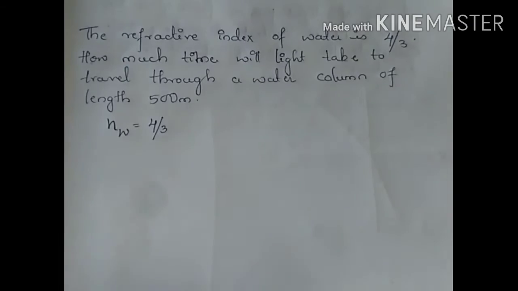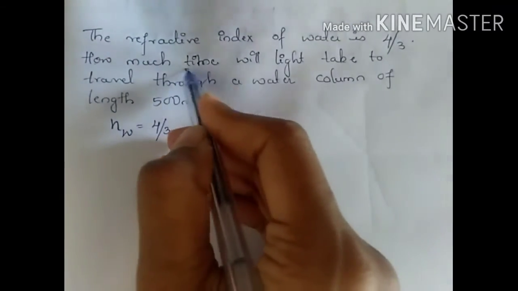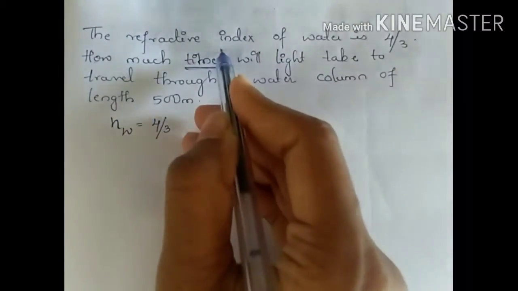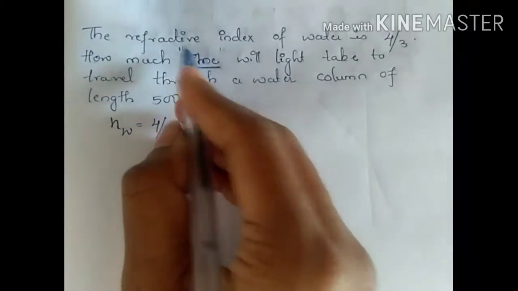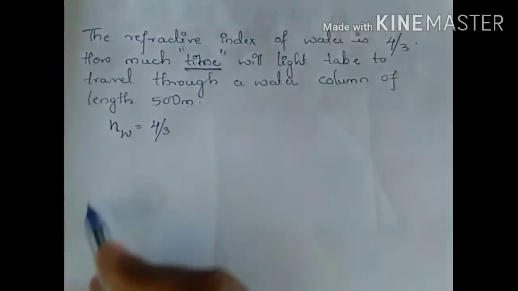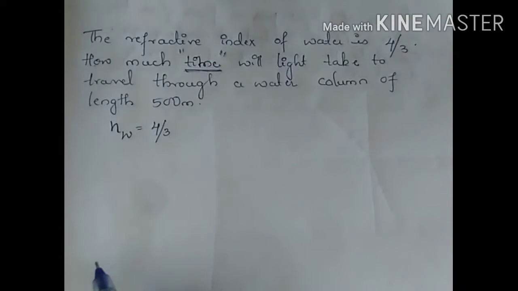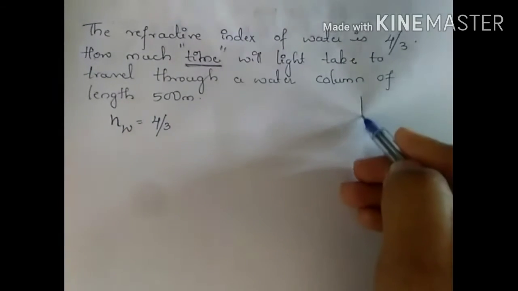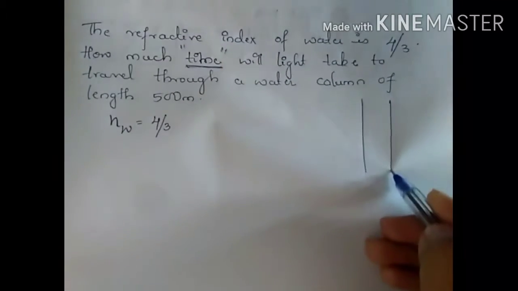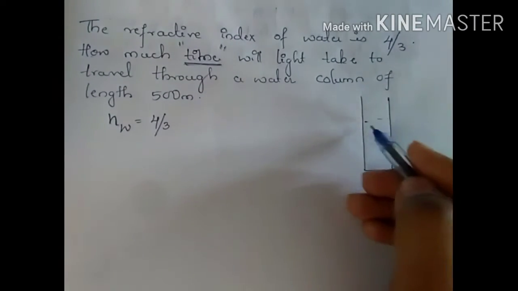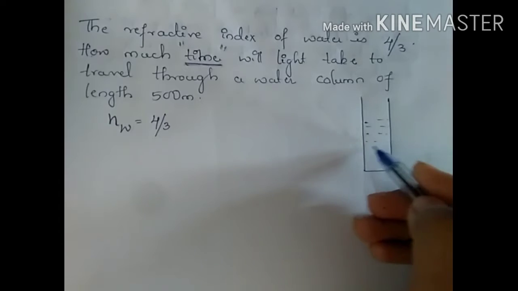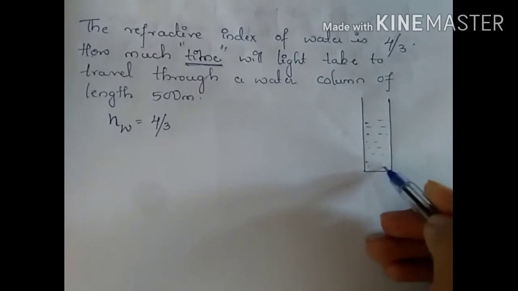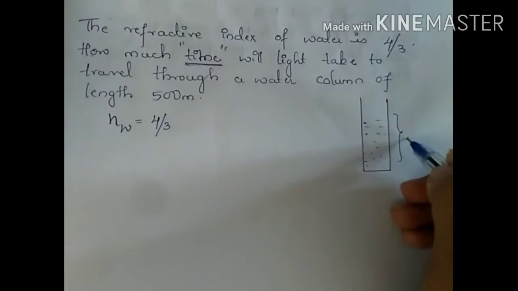Now he is asking how much time. So here you have to find how much time the light takes to travel through a water column of length 500 meters. So there is a water column, which is 500 meters.